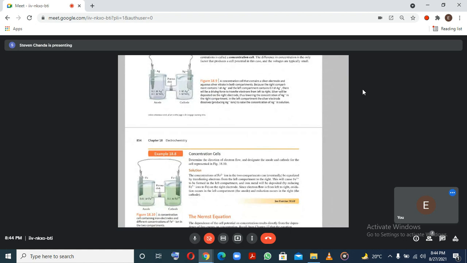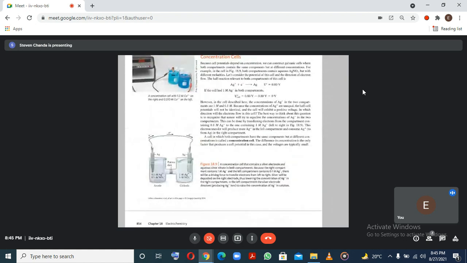Remember, if the anode and the cathode in a concentration cell have the same concentrations, there won't be any changes, or rather there won't be a voltage.